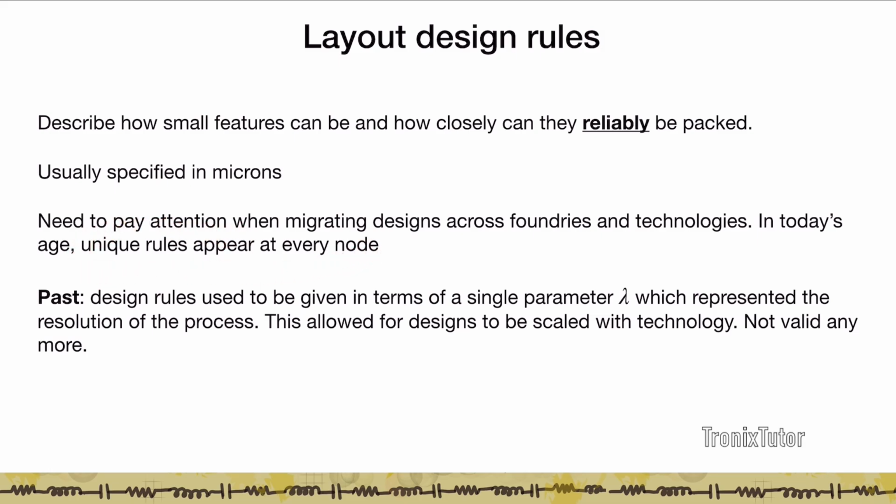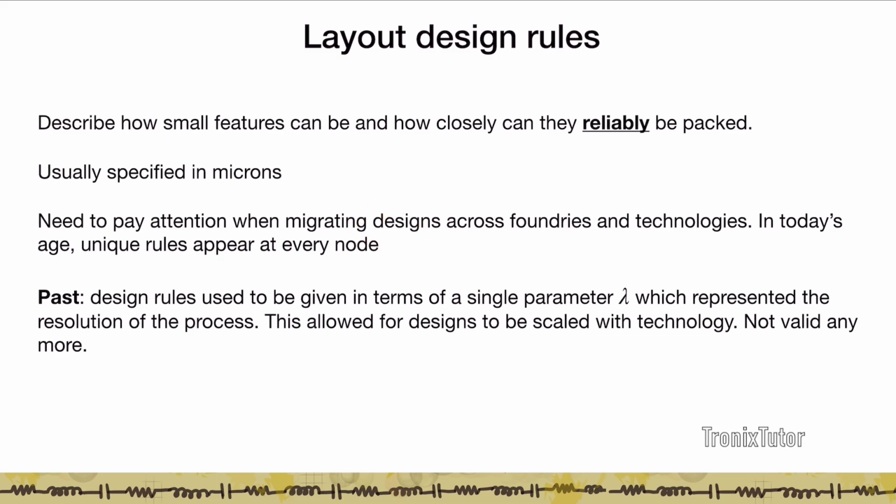So, if you're porting a design from, say, 16 nanometer to 14 nanometer or 14 nanometer to 10 nanometer, it is not as straightforward as porting a design from 10 micron to 3 micron. The reason is that design rules have become way more complicated, and especially in modern design flows, a lot of new rules come in at every design node, right? And so it's important to keep this in mind.